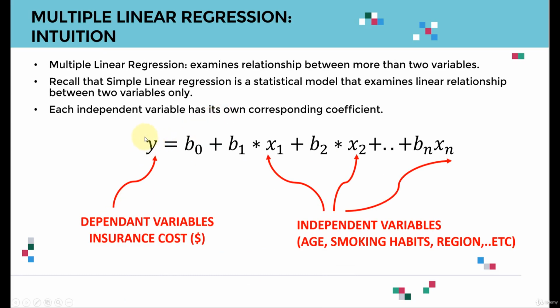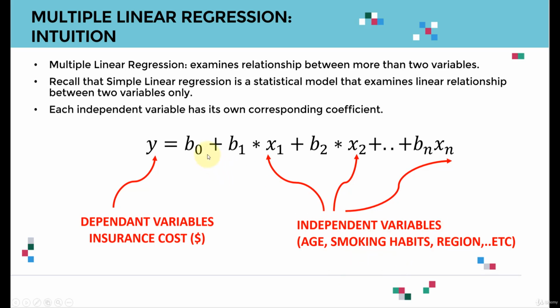As you guessed, here I have my dependent variable, which is insurance cost, which is the output, and it would be a function of multiple inputs. Now I have x1, x2, x3, and so on, up until xn. These are my independent variables, such as age, smoking habits, region, and so on.